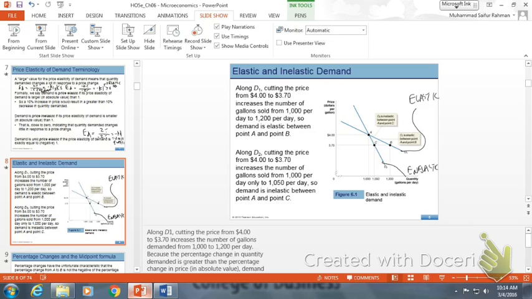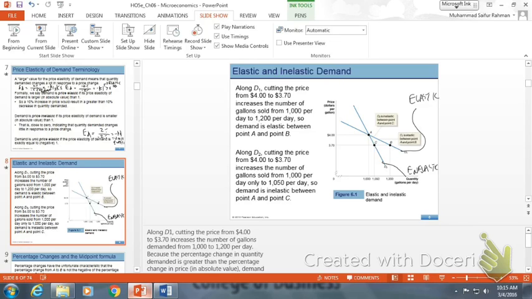That's the percentage change in quantity demanded. Percentage change in price is the new price, which is $3.70, minus 4, divided by 4, times 100. Notice that there is a negative sign there. It is minus 0.3 divided by 4 times 100, which is minus 30 divided by 4, which is minus 7.5%.